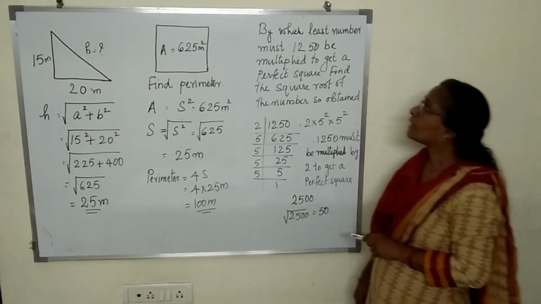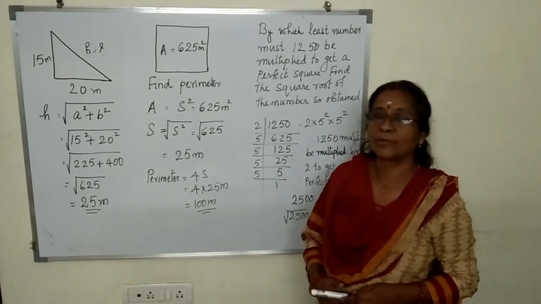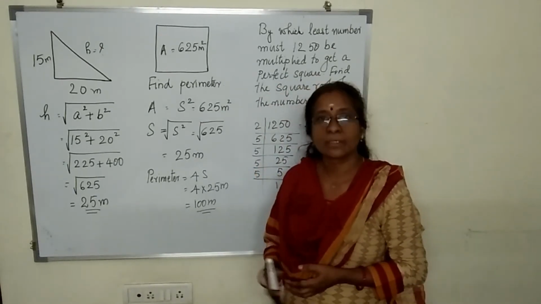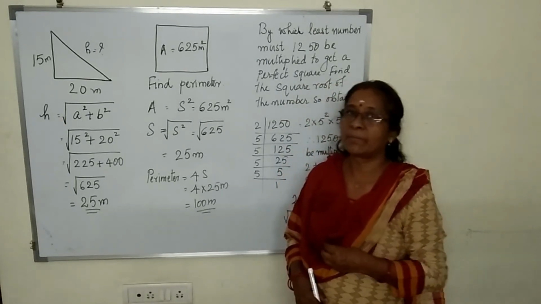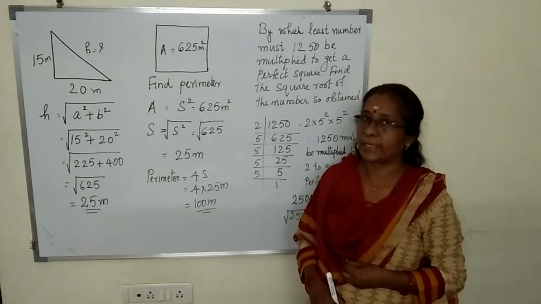Okay. Now, there may be other types of questions, like there is a garden or an orchard where plants are kept. In such questions also, we will do one example so that it will be clear for you.